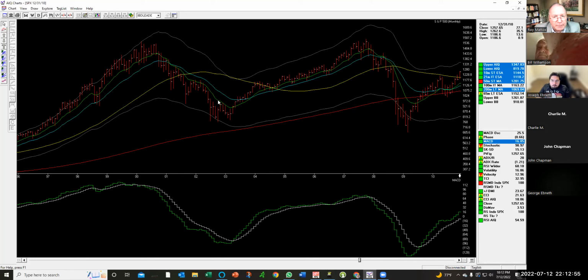So you just have to be prepared. You've got to be prepared that we may be in a bear market that is significantly longer than people expect. But as long as you follow the trend and stay on the right side of the trend, that's going to protect you.